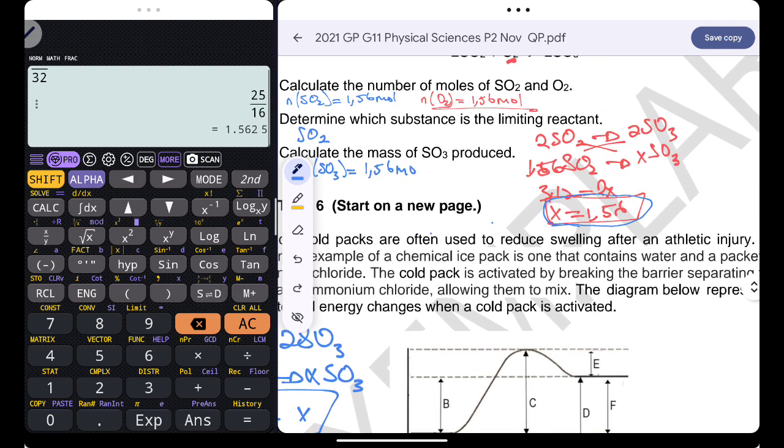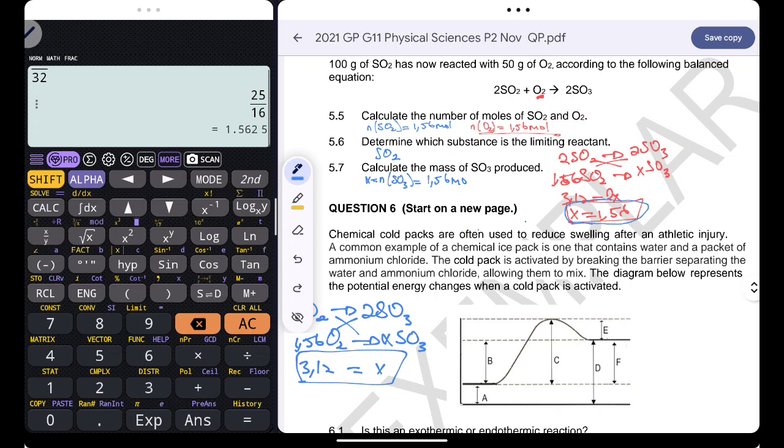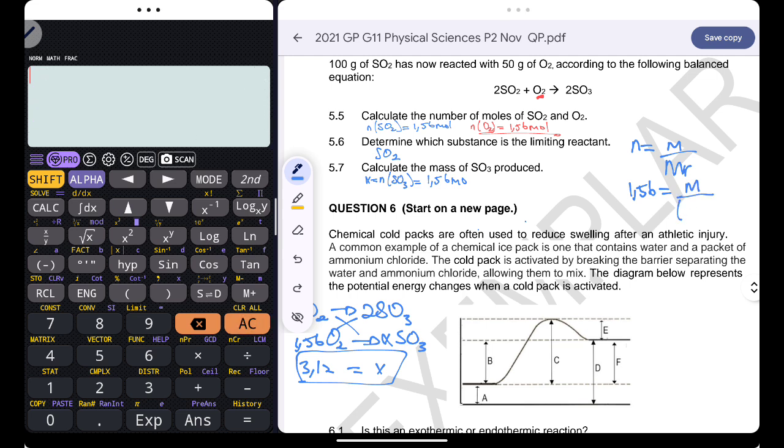So now they want me to find the mass that will be produced. Let me just erase here and calculate the mass. I know that number of moles is always mass over the relative atomic mass number. My number of moles is 1.56, I don't know what the mass is, but I know that sulfur is 32, and oxygen is 16 multiplied by 3, so I will get 80.